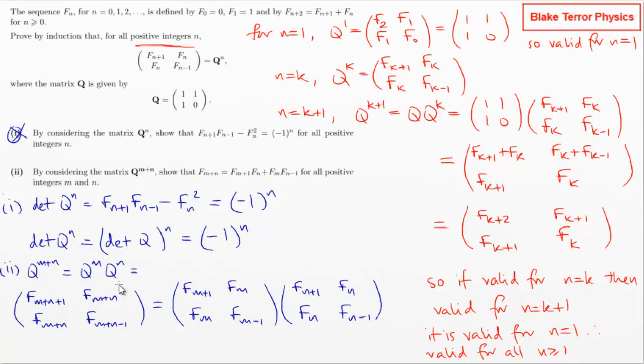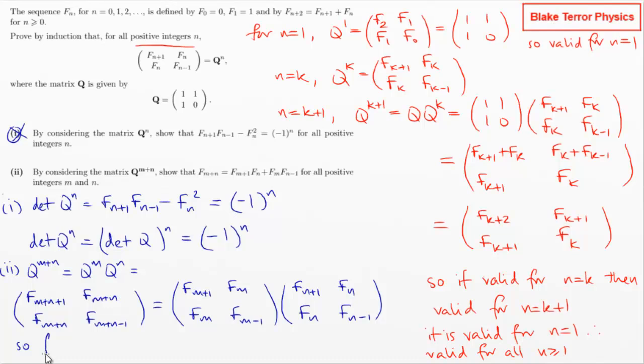And what am I trying to get? I'm trying to get F_{m+n}. So that is either the top right or bottom left element of that matrix. Are we just multiplying this out? Looking at just the top right element of this, F_{m+n} would be F_{m+1} times F_n.